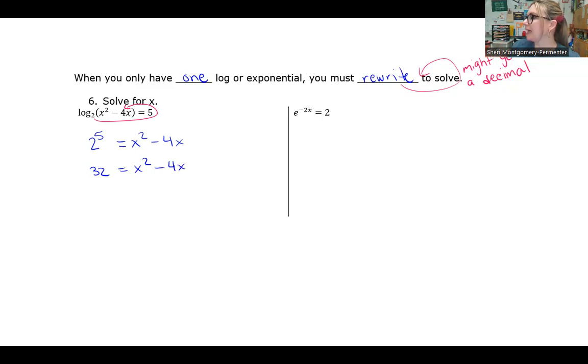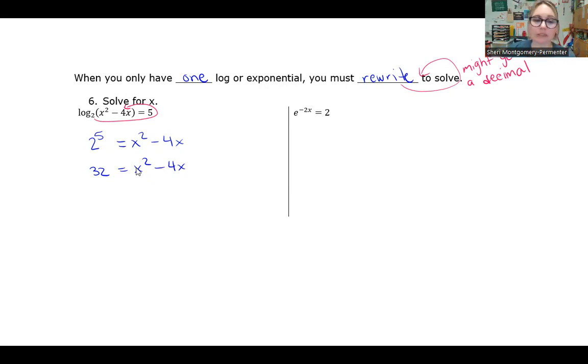And I said that anytime that you have an x squared problem, you have to solve them like a quadratic and factor. So you're going to get better at this. So to solve it like a quadratic, I got to get everything on one side and solve by factoring. For this one, is the x squared positive? Yeah, so leave it.